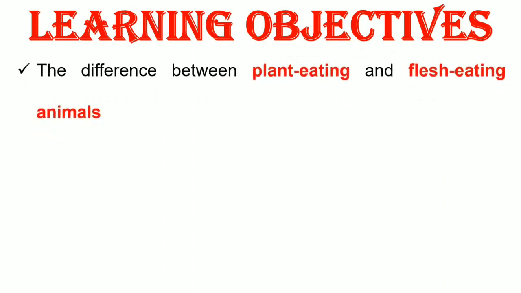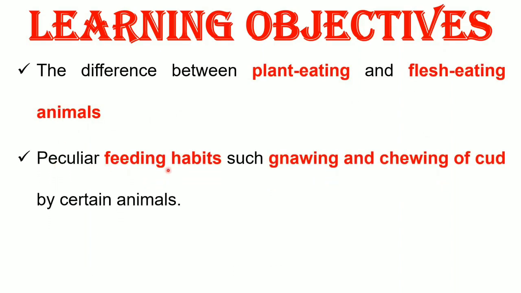In this chapter, some of our learning objectives are the difference between plant-eating and flesh-eating animals, peculiar feeding habits such as gnawing and chewing of cud by certain animals, and we will also be discussing the concept of food chain.